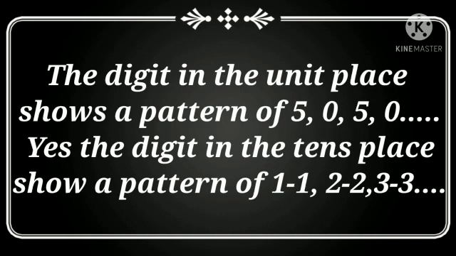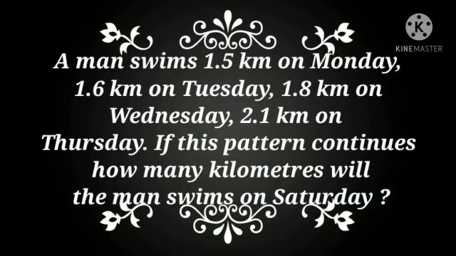Moving on to the next. A man swims 1.5 km on Monday, 1.6 km on Tuesday, 1.8 km on Wednesday, 2.1 km on Thursday. If this pattern continues, how many kilometers will the man swim on Saturday?